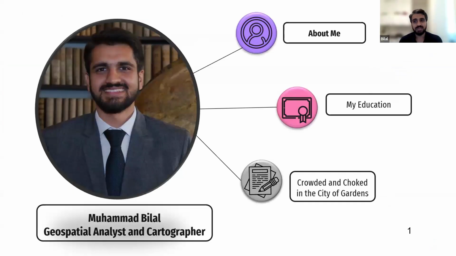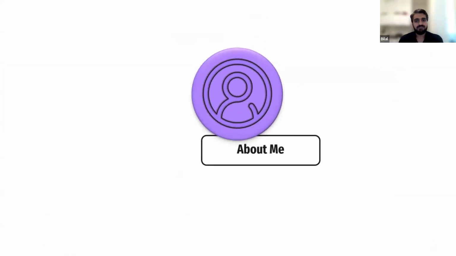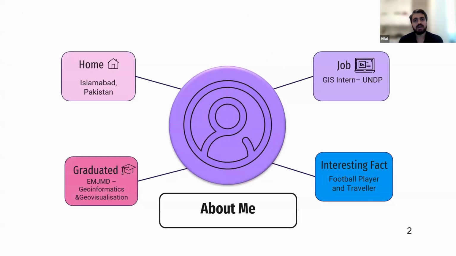So quickly about me, I'm from Pakistan. I have completed my initial education, my bachelor's, and have done some work in the geospatial domain in Pakistan. Back in 2022, I got the Erasmus Mundus scholarship to pursue the master program called Copernicus Master in Digital Earth.